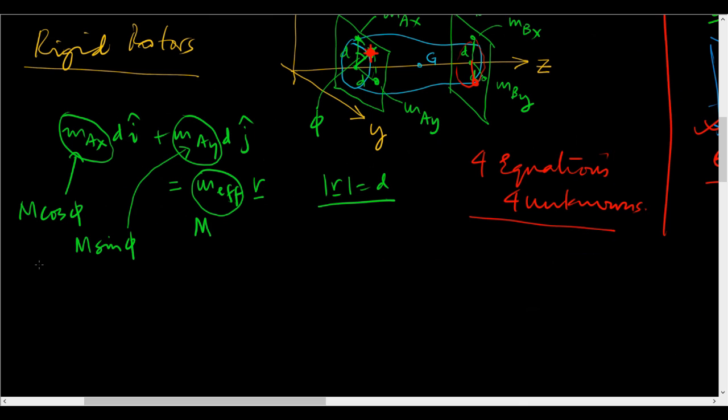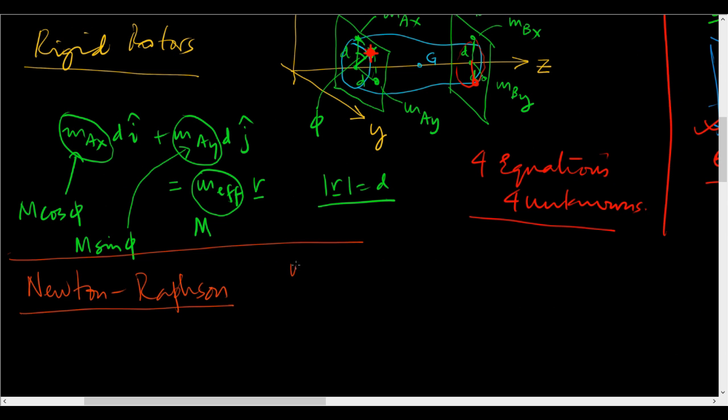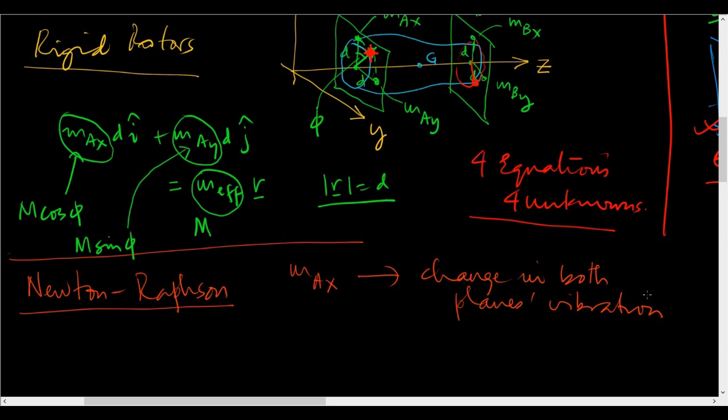So what I had said earlier, we are doing basically an experimental version of Newton-Raphson. So we put MAX and measure change in both planes, vibration measurement, and then we put MAY and then we measure, but actually this second measurement is not needed because it is a rotating system.